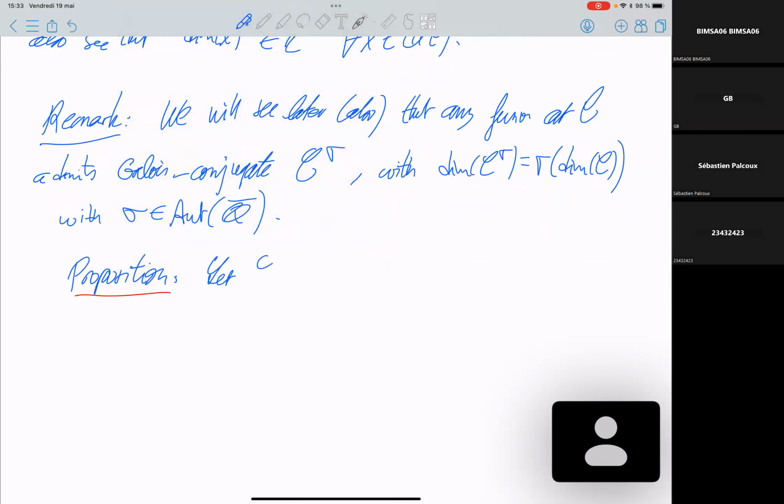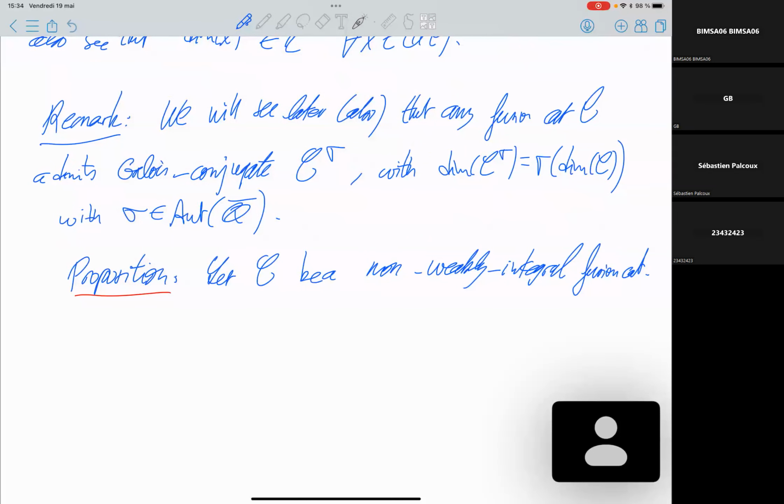Let C be a non-weakly integral fusion category.